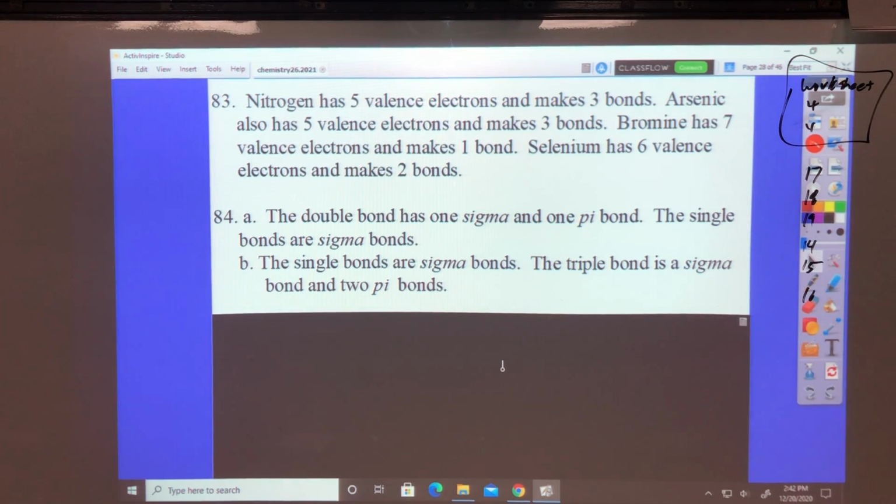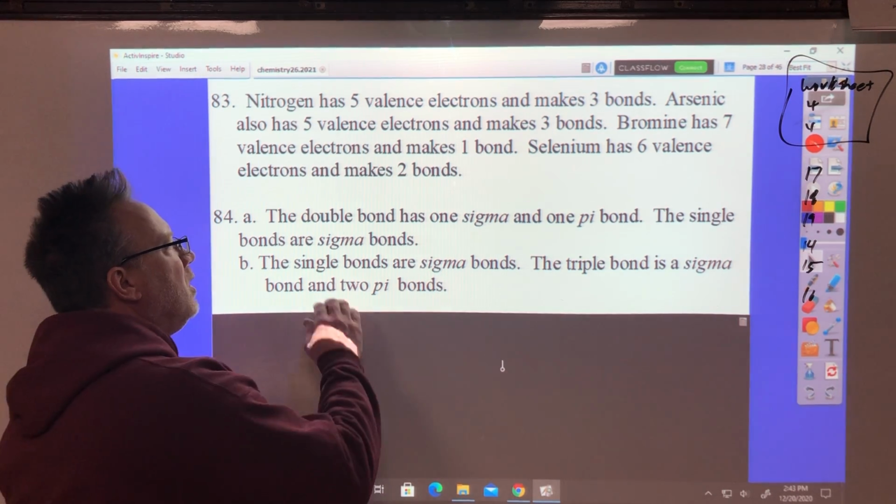Okay, the sigma bond, 84, we already kind of talked about this. Locate the sigma bonds and the pi bonds in each of the molecules below.